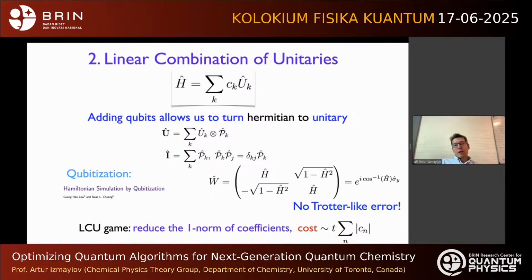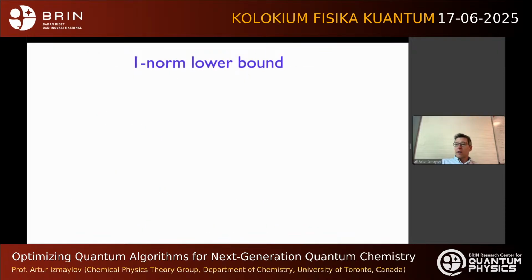Because you can do the decomposition many different ways, they will have different one norms. You want to pick the one that has a lower value. That's the game here. And in my research, we decided to first see what's the absolute lowest one can get, right?